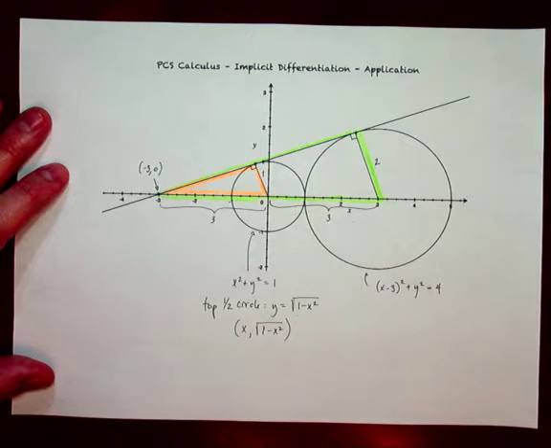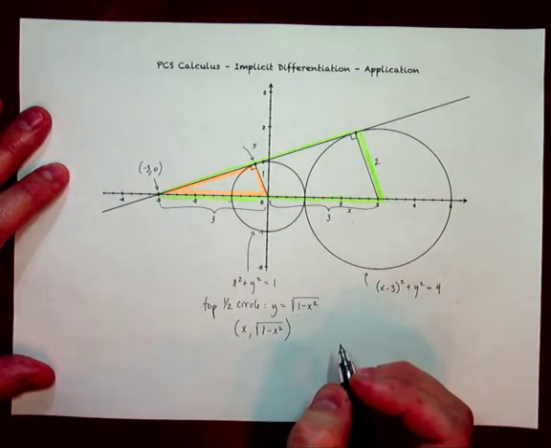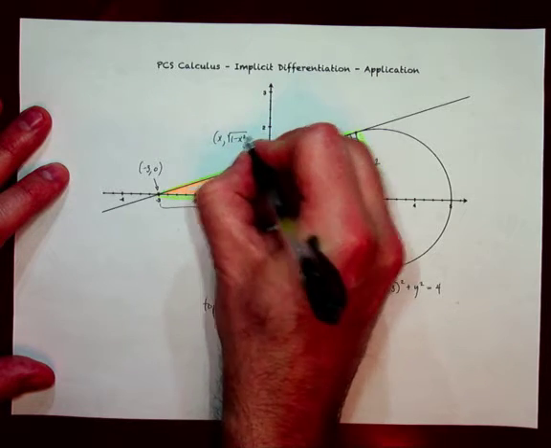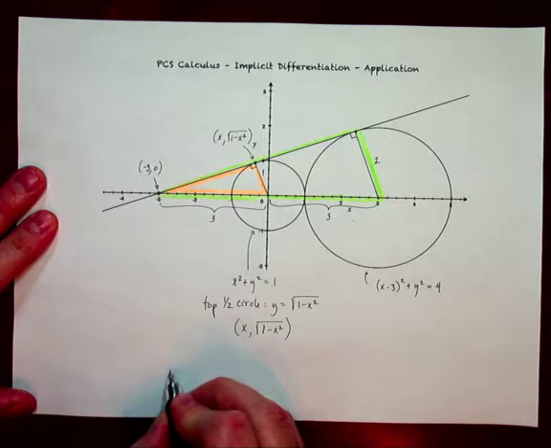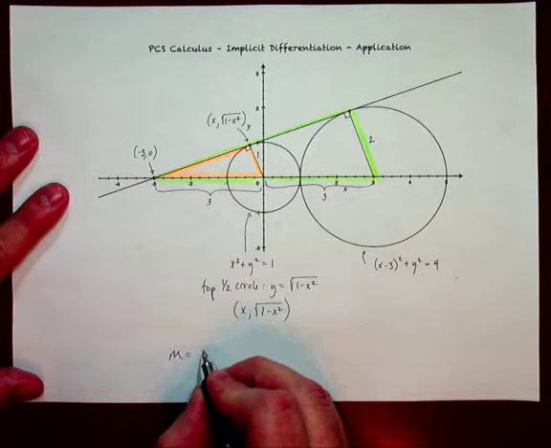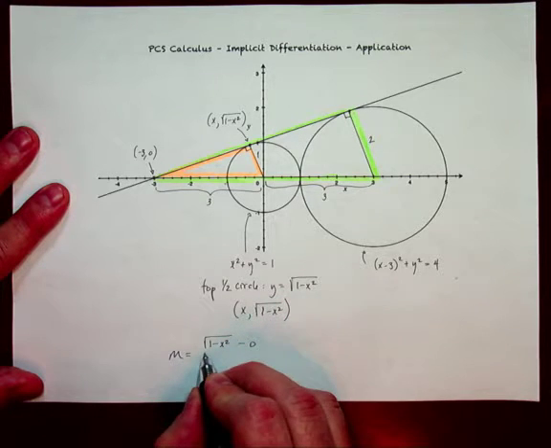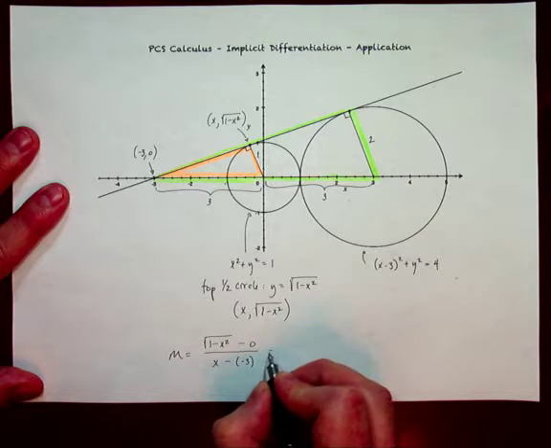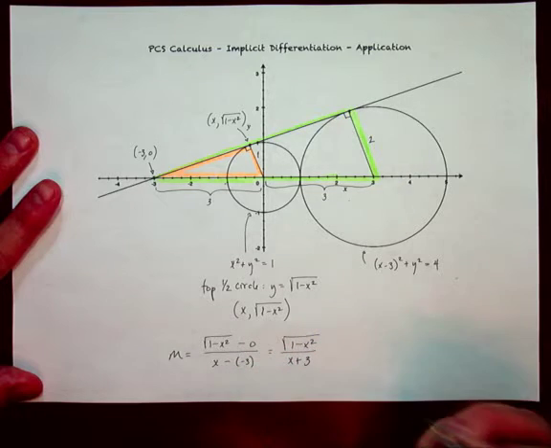So this point right here can be represented like that, and the slope between those two points can be written as y2 minus y1 over x2 minus x1, or just the square root of 1 minus x squared over x plus 3.